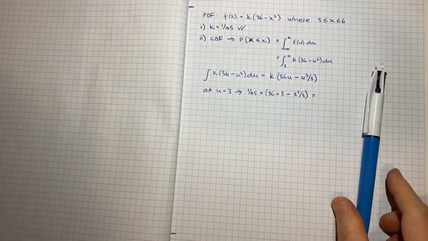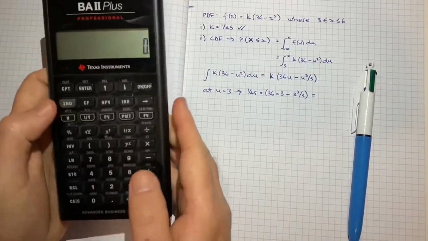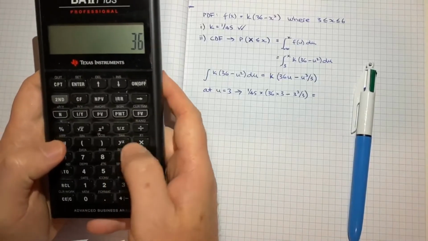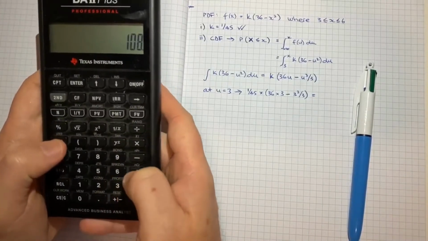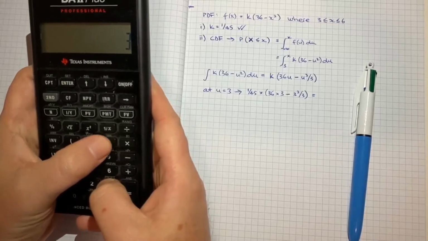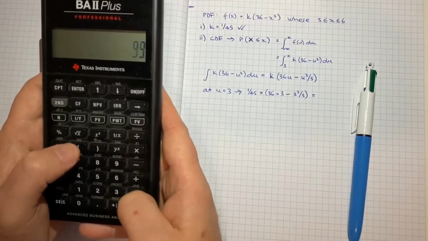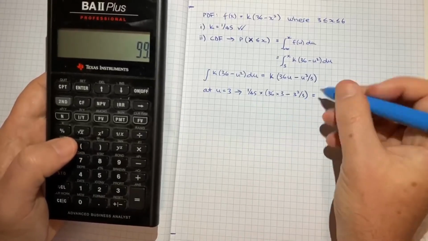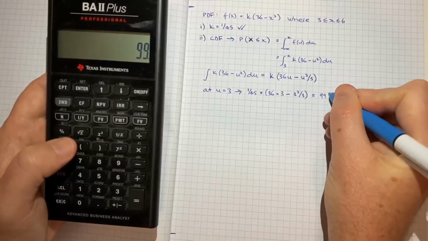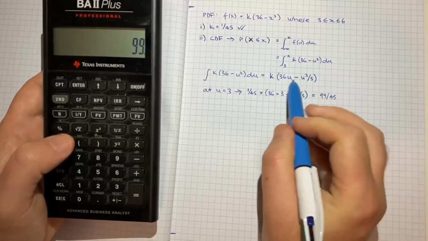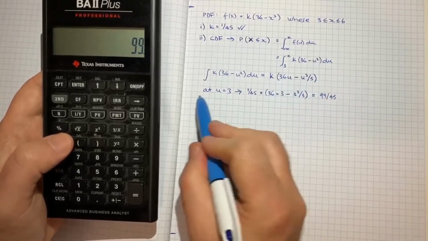I'll just get my calculator. So 36 times 3 equals 108, minus 3 to the power of 3 divided by 3, is equal to 99. So we get 99 on 45 is the value of this at u is equal to 3.